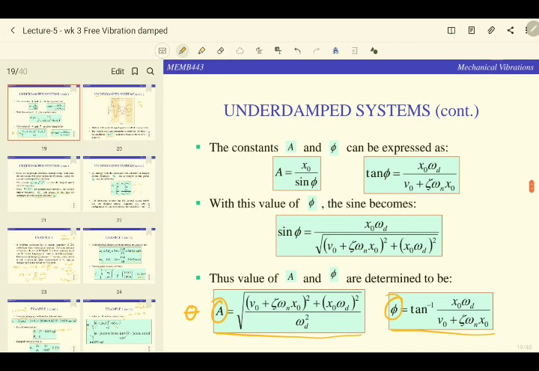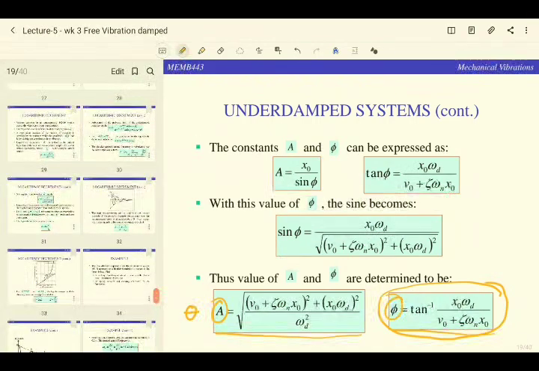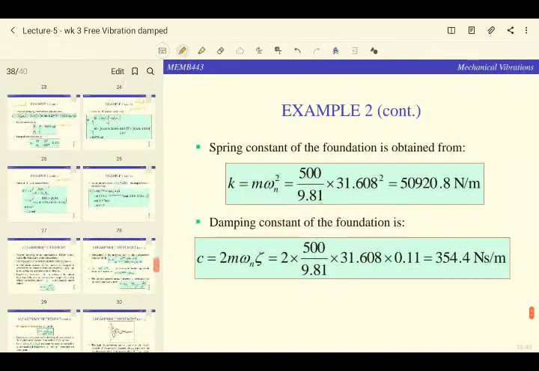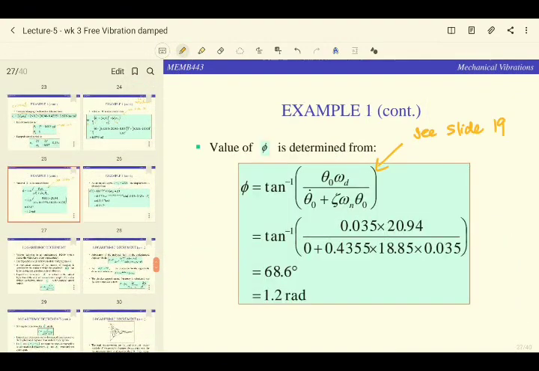You can see that the angle phi is the same equation. So that's how you solve the problem. The main difference is this one was your V naught or x dot naught. The rest are the same. So see slide 19.